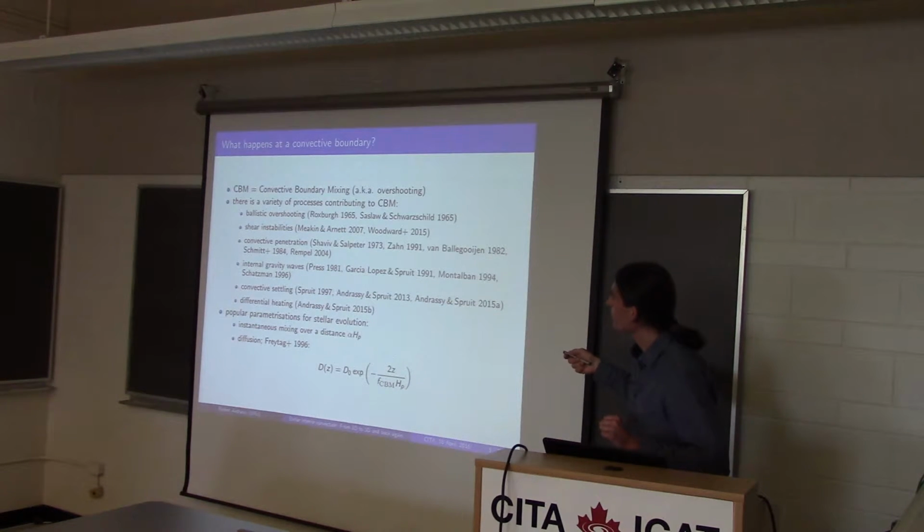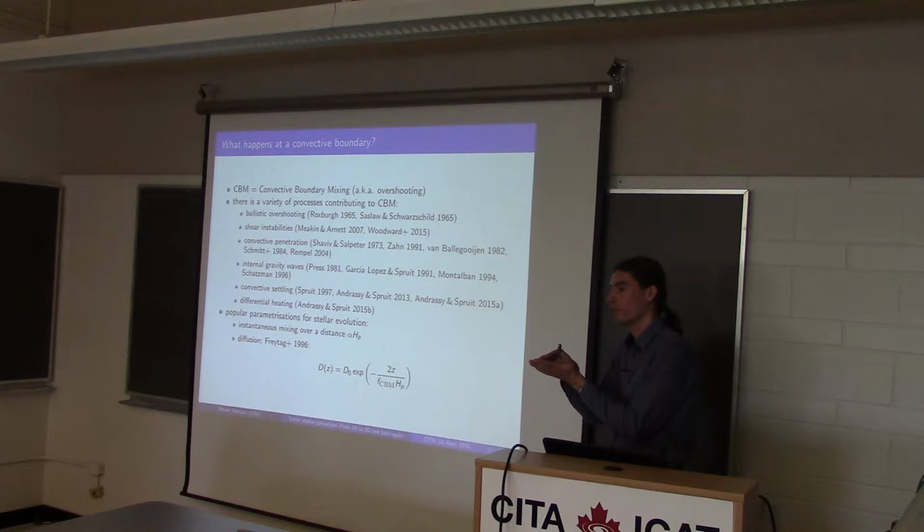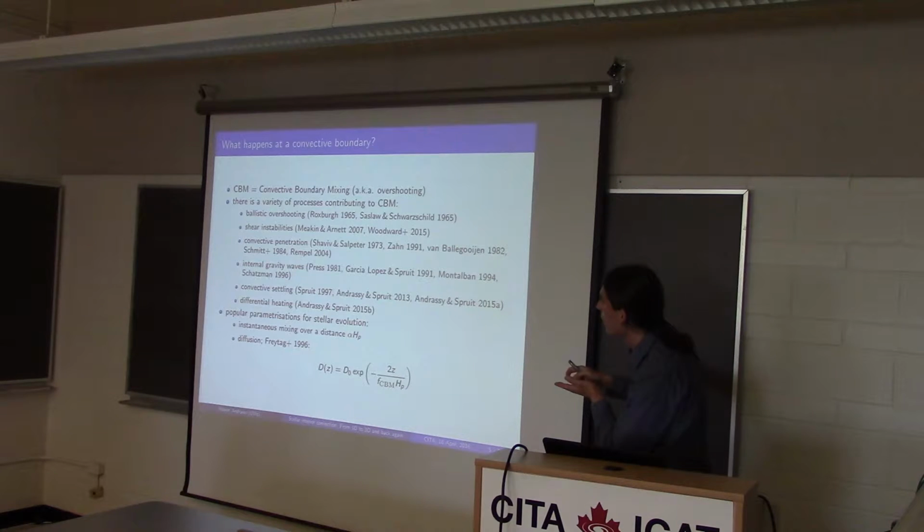So shear instabilities, ballistic overshoot. This process is slow, so you don't have enough time in your simulation. Internal waves can be seen, but the trouble there is that you need a lot of resolution at the boundary because they are almost horizontal. Convective settling is completely impossible at the moment to simulate because it's about very small things. Differential heating, you can simulate to some extent.